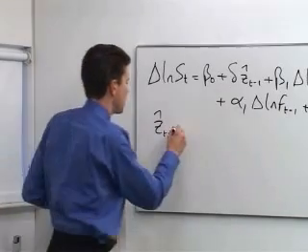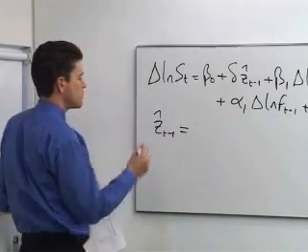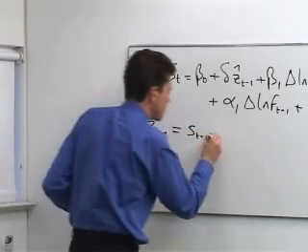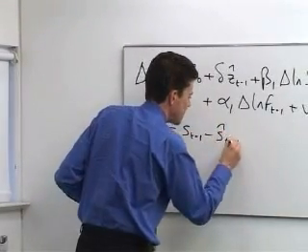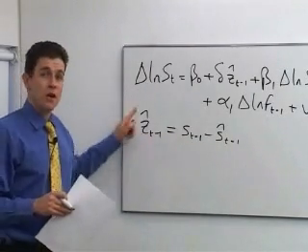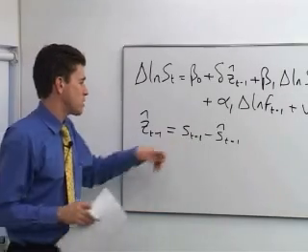So z hat t minus 1 is the difference between the actual value, s t minus 1, and the fitted value from the model, s hat t minus 1. Okay, by definition, because this is a residual from the potentially co-integrating regression.